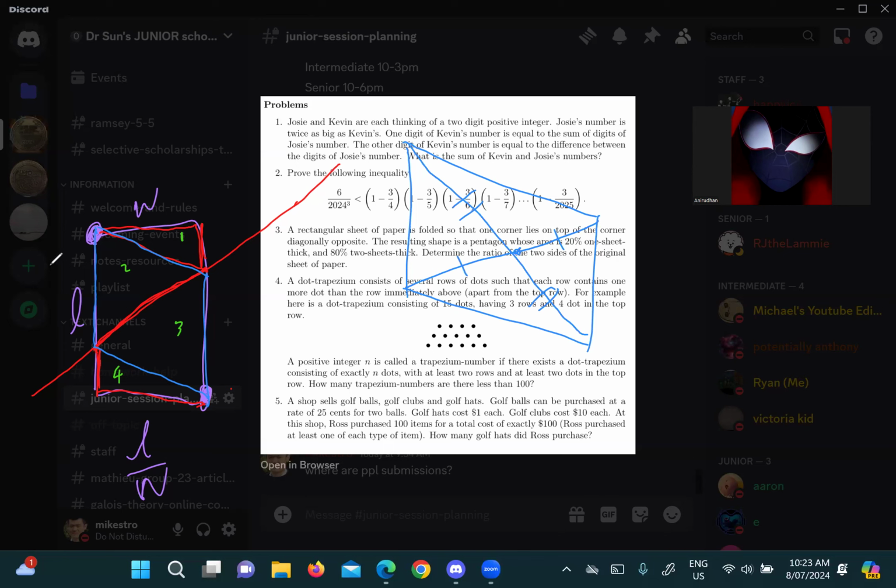But you also have in a parallelogram the opposite sides are equal, right? And so the opposite sides being equal is equivalent to being a parallelogram, right?